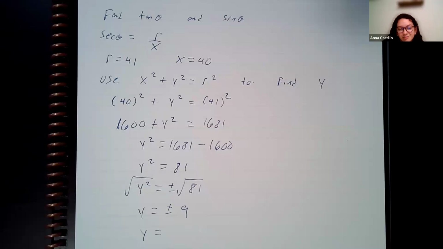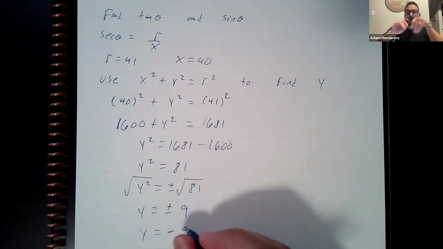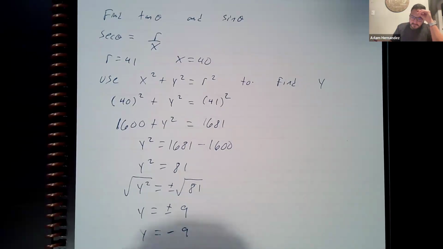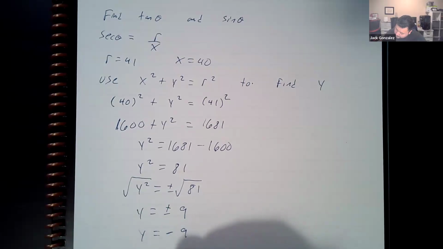Minus, yeah, it's going to be minus because y is negative in quadrant 4. Okay, so we got x equal to 40, y equal to -9, r equal to 41.